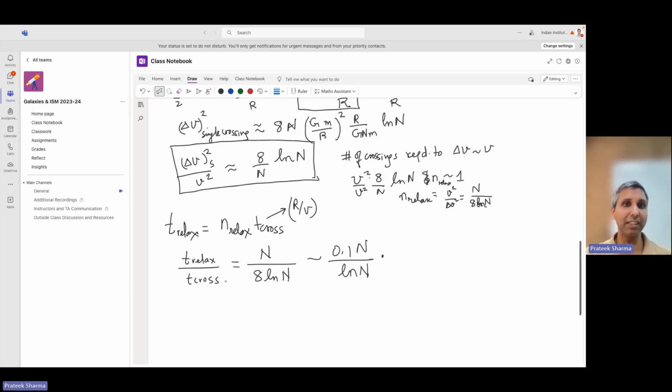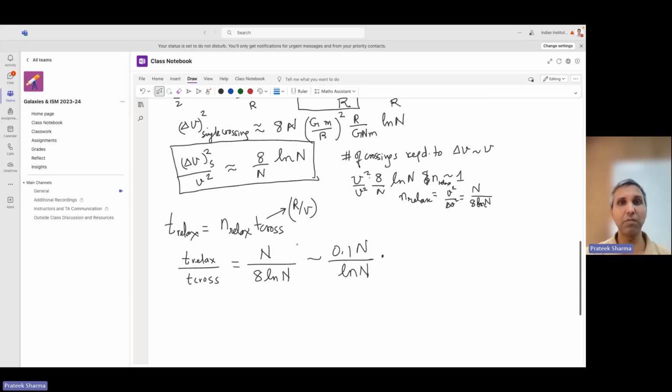So T relax is 200 million times 10 to the 10. That's humongous. Essentially, a typical star of the Milky Way remembers its trajectory from a long time ago. It hasn't had time to interact with other stars to randomize its trajectory.